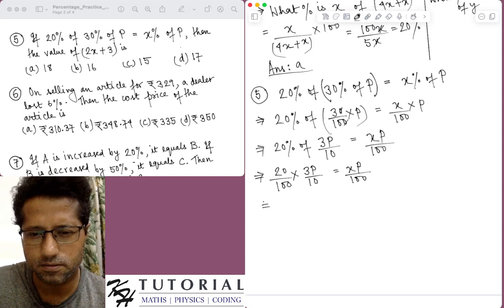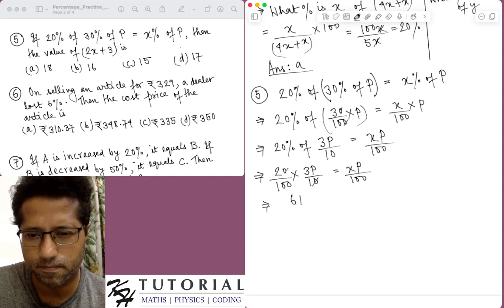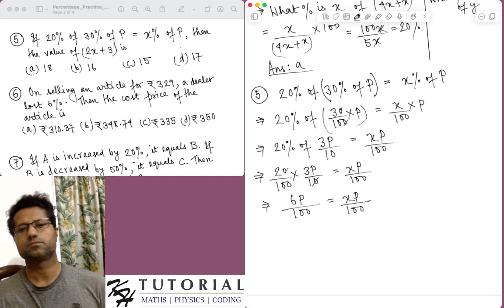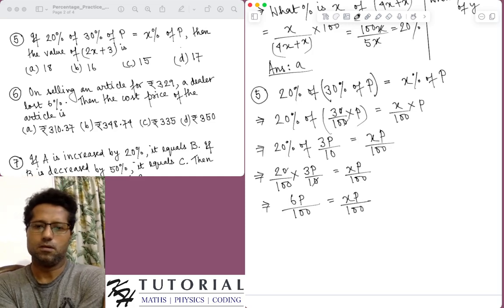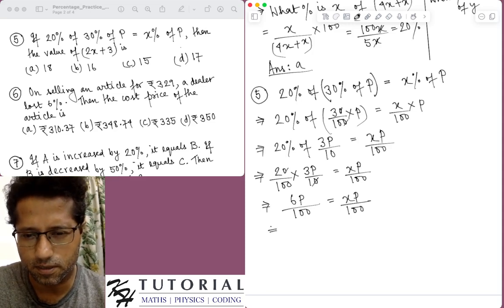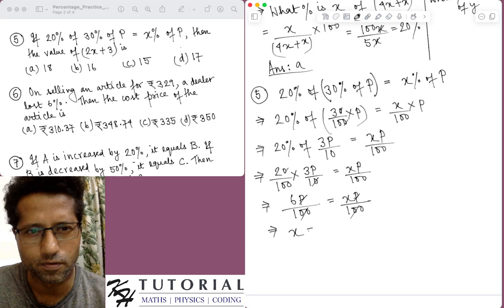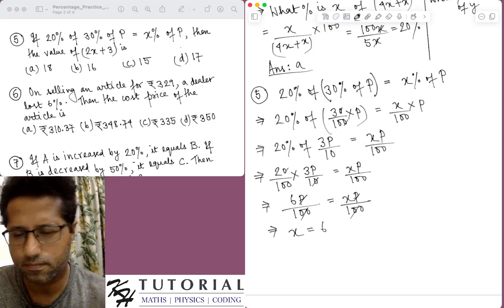The 0 cancels out. This is 6P by 100 equals xP by 100. We can cancel out the denominator 100, and also the P. So x equals 6.